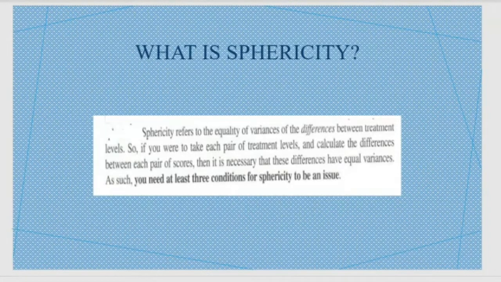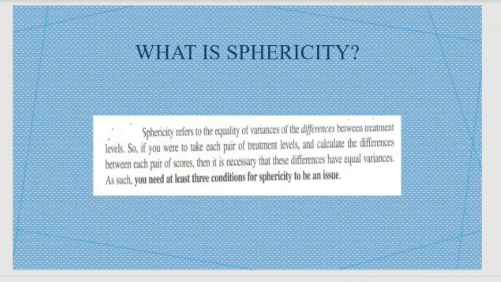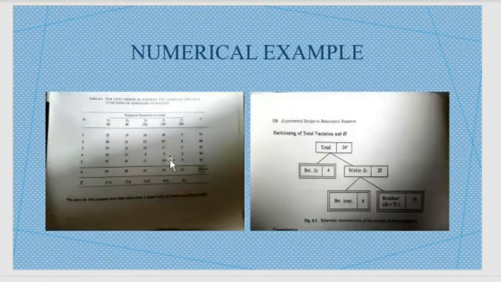These are the treatment levels. The difference between each pair should have equal variance, meaning the difference between T1 and T2, T2 and T3, they should have equal variance.